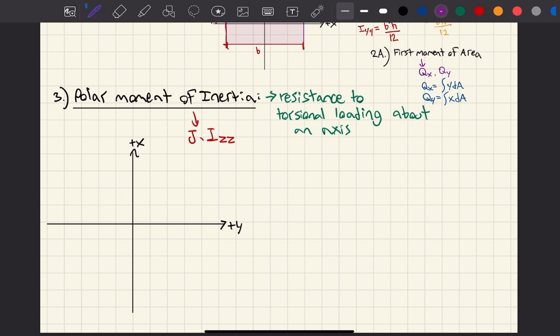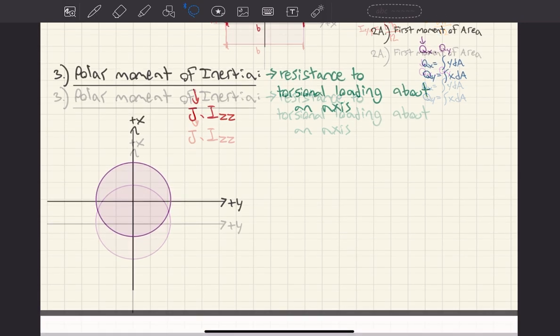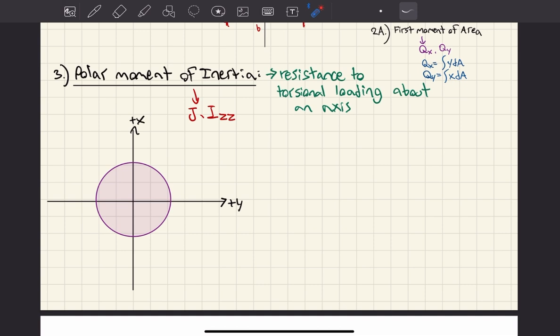Let's deal with a circular cross-section because that's normally what we do in torsion. And let's say we add a torque to this circular cross-section. How am I going to twist it? This is basically torsion, right? I'm twisting it like this.